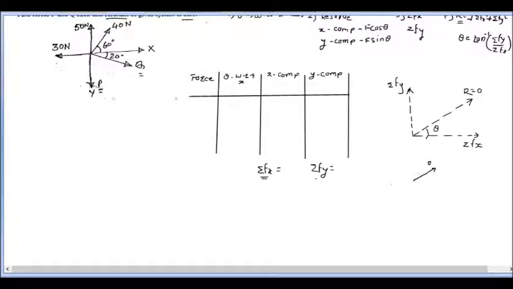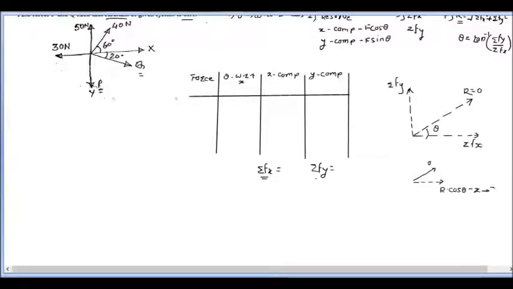of 0 magnitude. If we resolve this force, then whatever the magnitude, resultant times cos theta will be its x component, and we always know the x component of the resultant is nothing but the sum of all forces along the x direction.